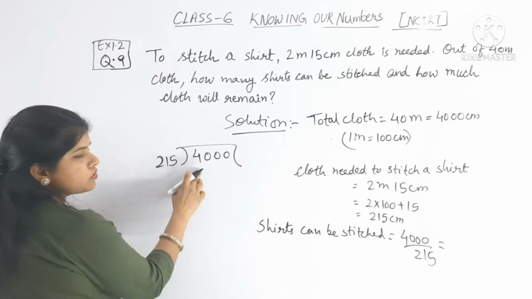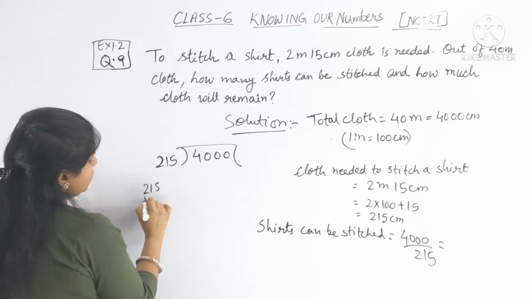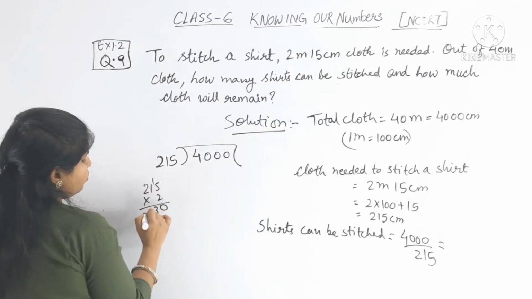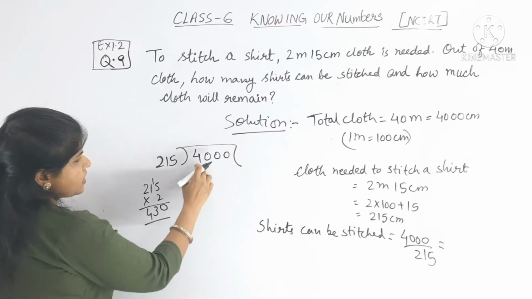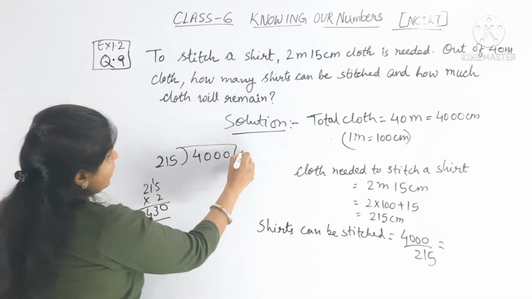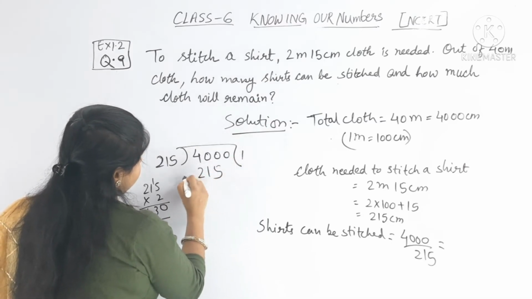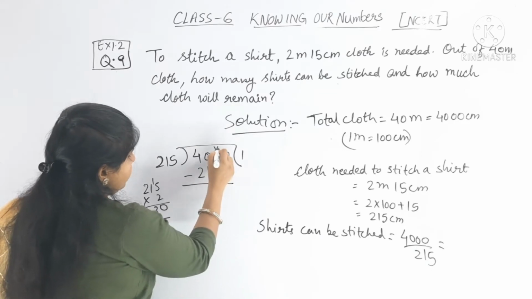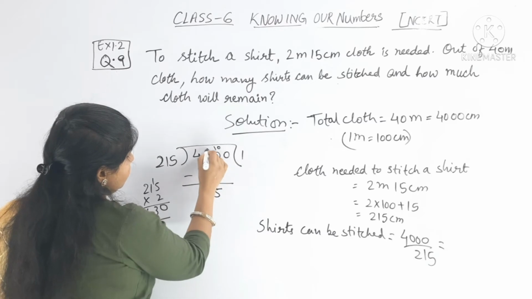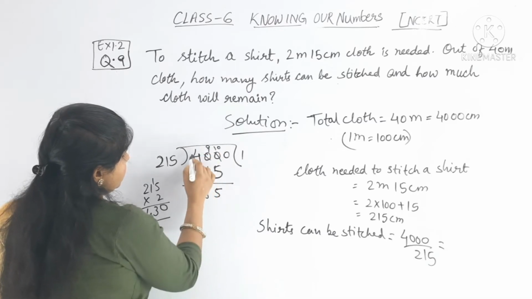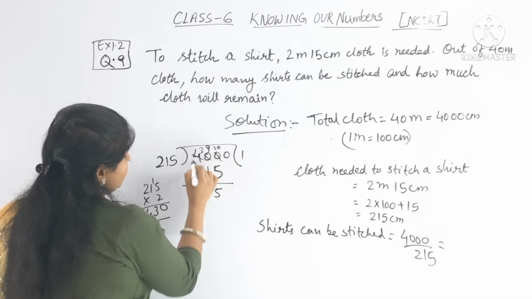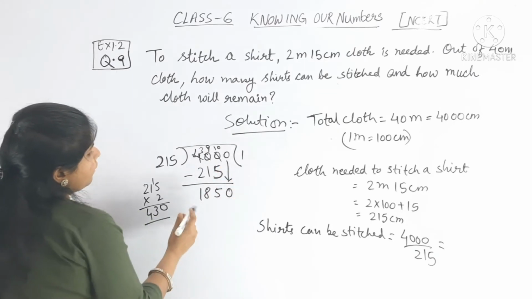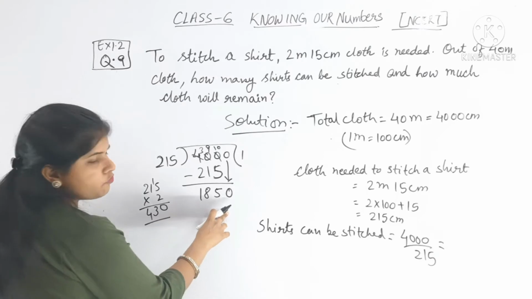We know that 2 2s are 4. So 215 into 2: 2 5s are 10, 2 1s are 2, 2 2s are 4. It is 430, that is greater than 400. So we are writing here 215 minus, then 10 minus 5 is 5, 9 minus 1 is 8, 3 minus 2 is 1, and 0 will come down. So I am getting 1850.